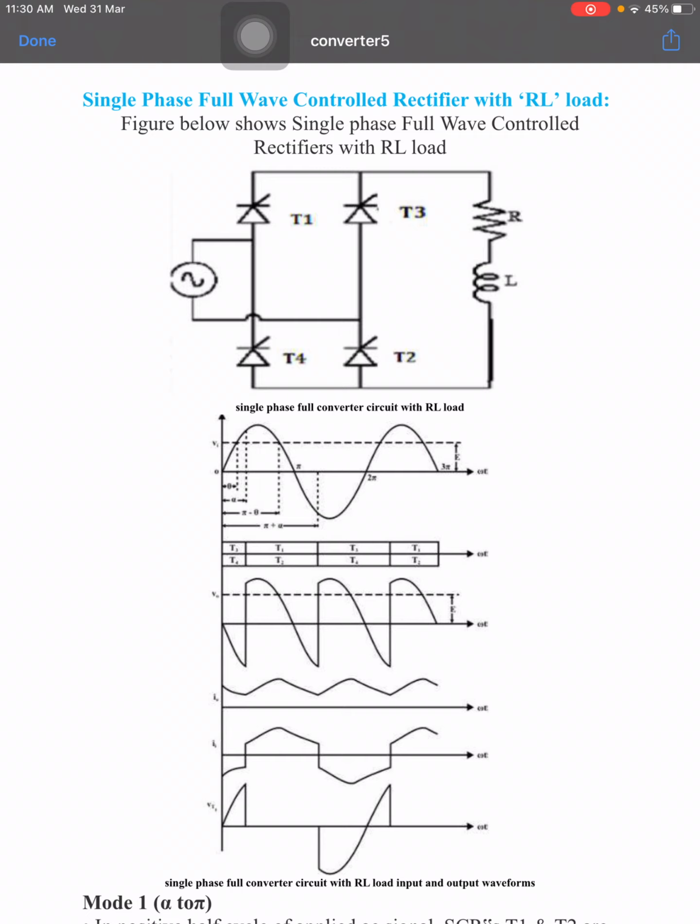What is the mode 2 operation? At omega t equal to pi, the input supply is equal to 0. But after pi it becomes negative. But the inductance opposes any change through it.